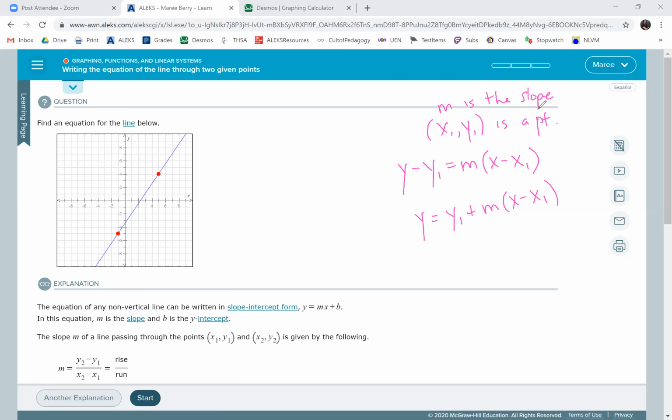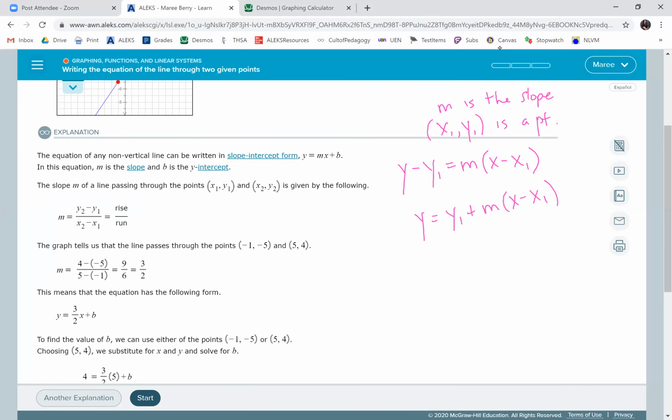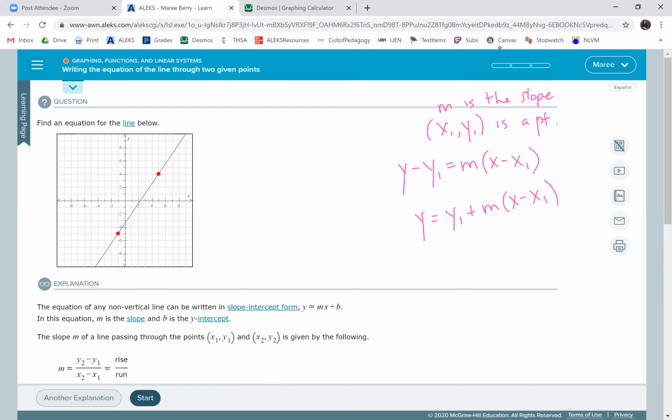So check this out. If you do the slope, you could just do rise over run, which they already did for us. So I don't want to do it again. It's what they get, 3/2. Okay, so check this out. This m is 3/2. All you need is 1 point. So let's just do this one. This is 5, 4. So x sub 1 equals 5, y sub 1 equals 4.